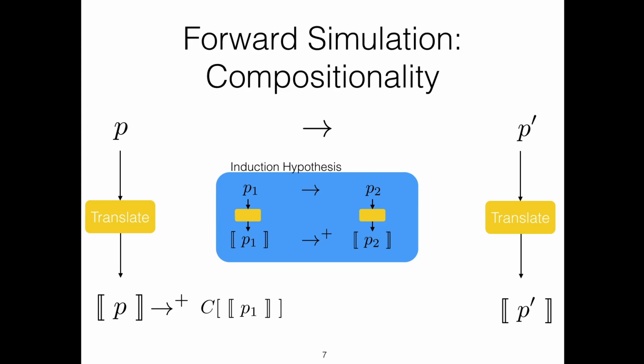Then, by using congruence, we show that the bigger program that has a translation of P1 as subterm steps to the same program with a subterm now substituted with a translation of P2. Now, this program can be equal or step with one or more steps to the translation of P prime, which is what we want to prove. And this is a very common proof pattern in forward simulation proofs.